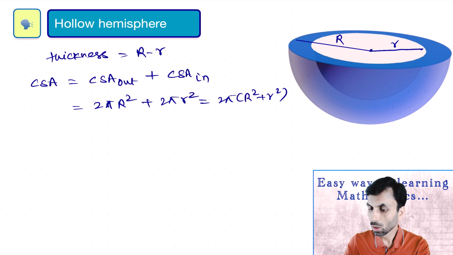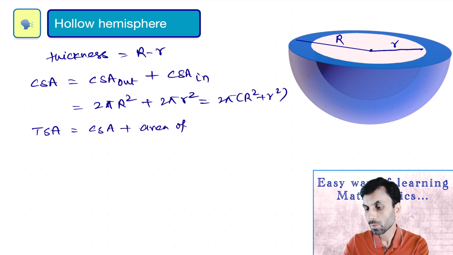Next, when we talk about total surface area, that will be curved surface area plus area of top, or we can say base. Here the base will again be a circular path.